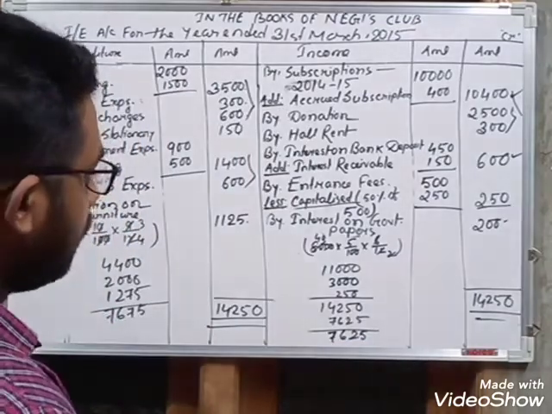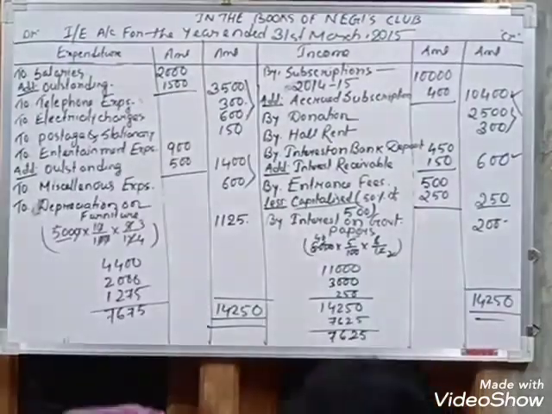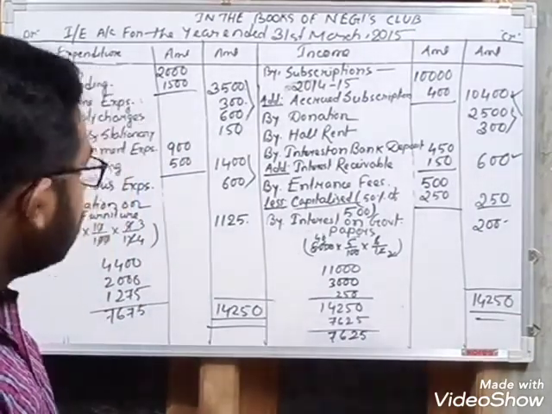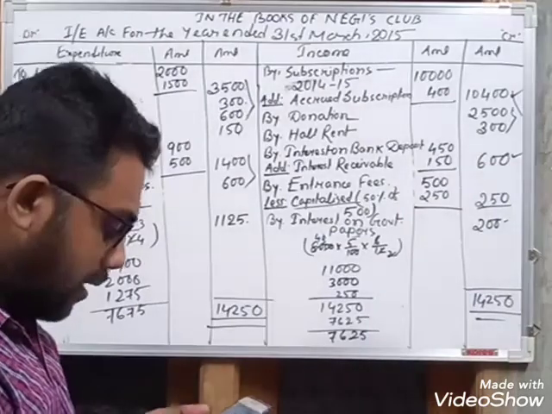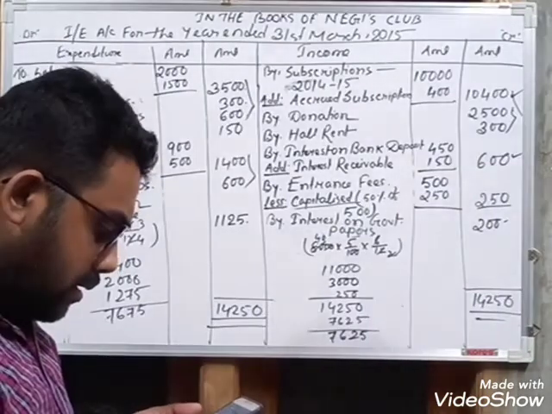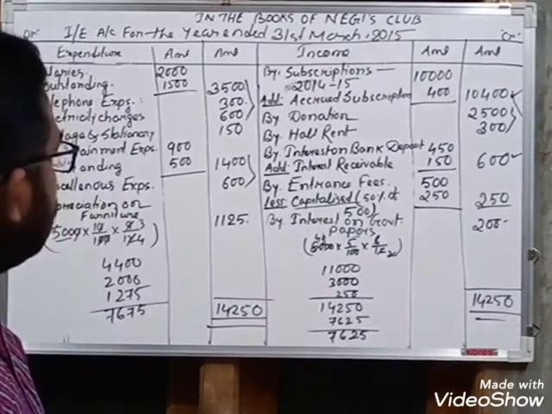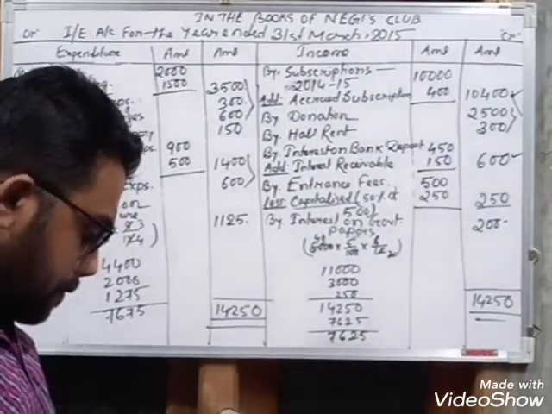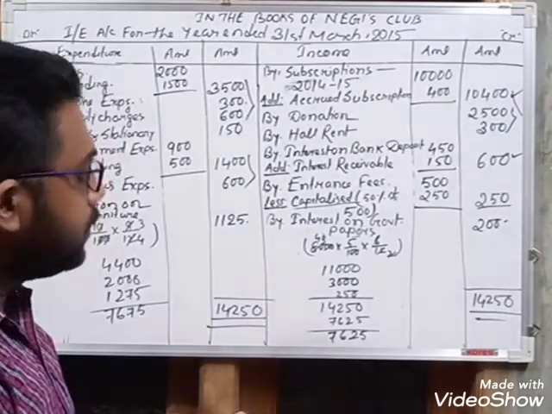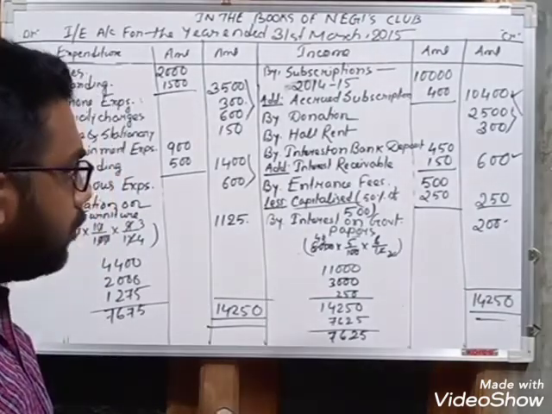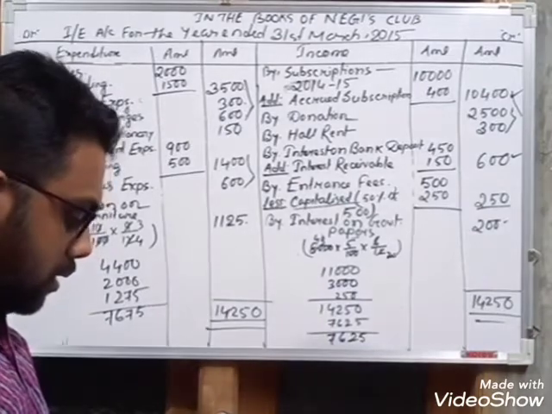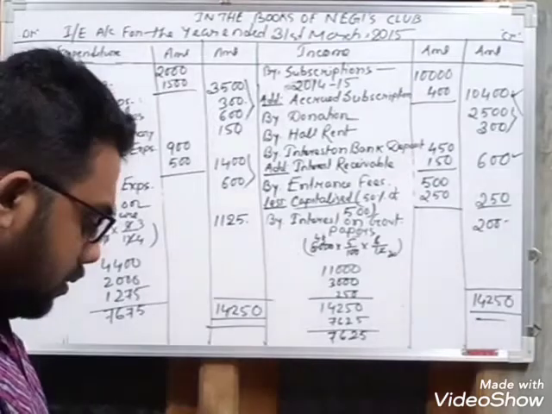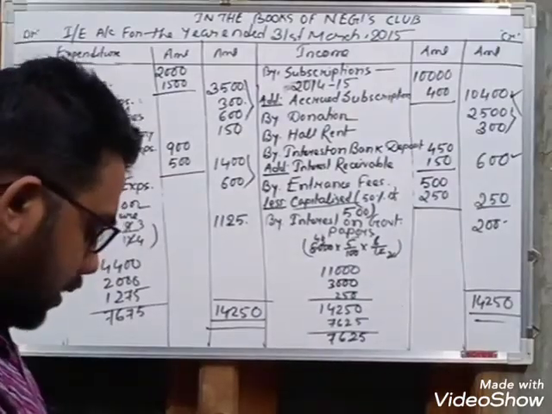Have I missed any items? Is there anything I have missed? 600. Hall rent 300. 450 plus 150. Entrance fees. Salary is 2,000 plus 1,500.